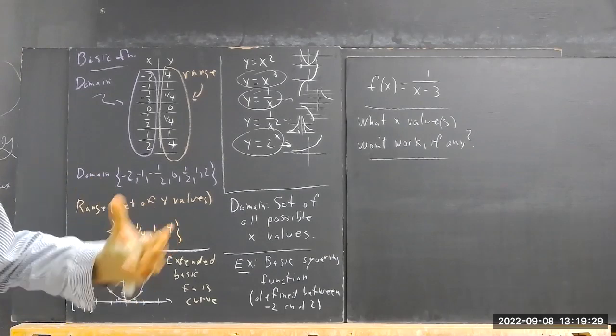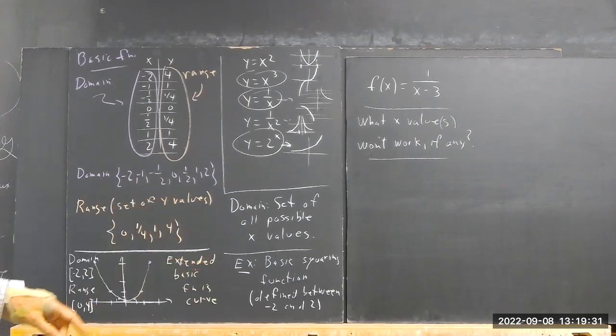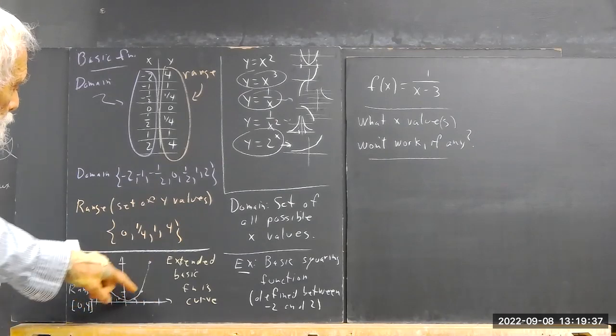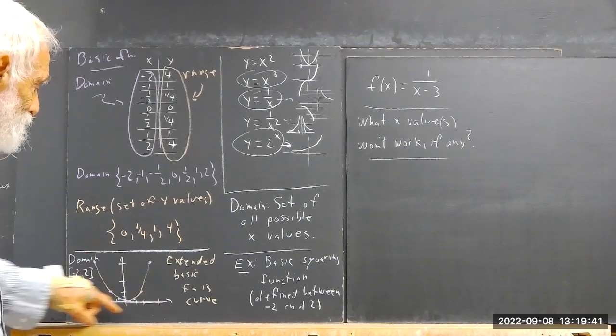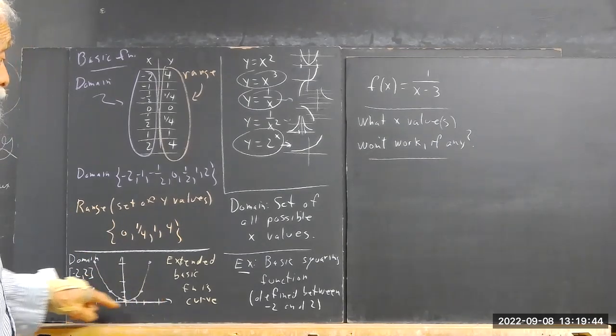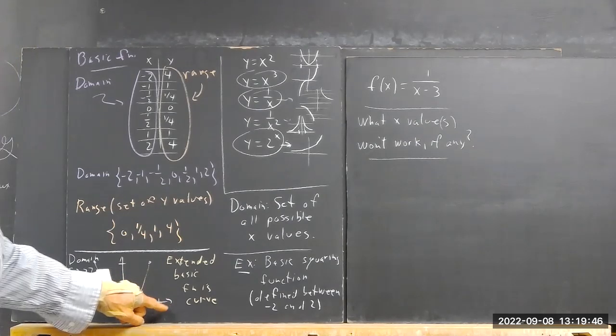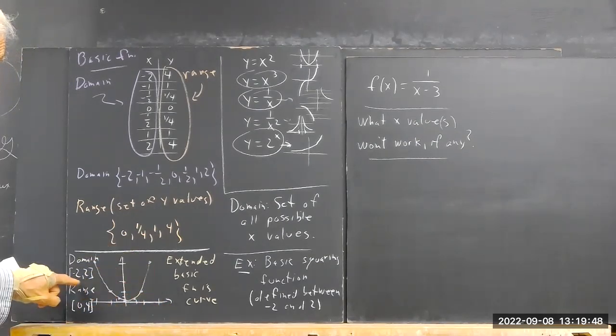If we do the extended basic function curve that we get, if we connect these points, and if it's done exactly right, the domain would consist of all x values from -2 to 2, because if we take all the points on the curve and mark their x values, we're going to get every number from -2 to 2. There's always an x value for every point of the curve, so the domain would be from -2 to 2.